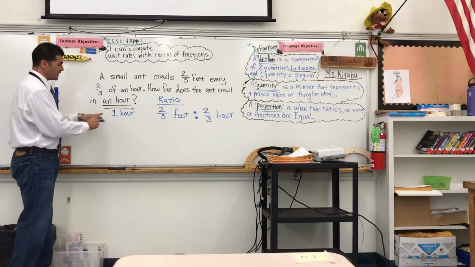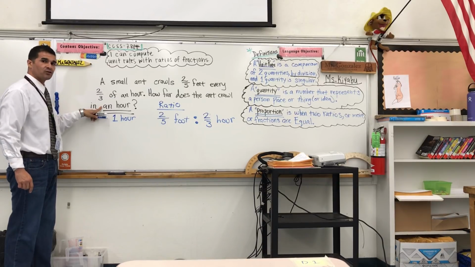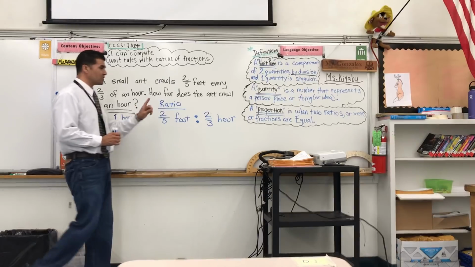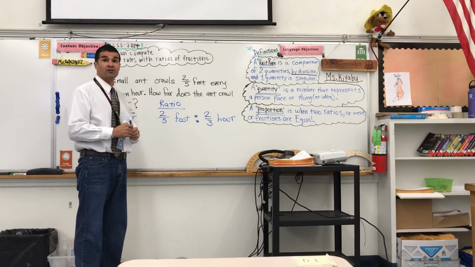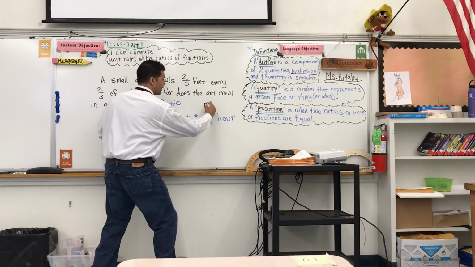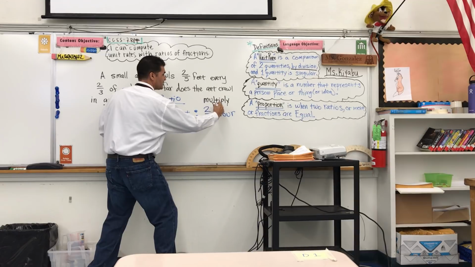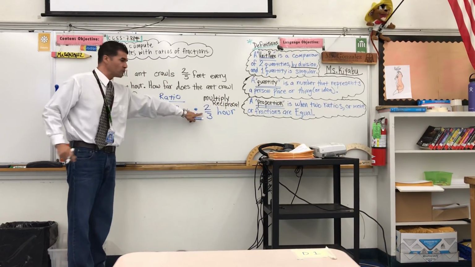This is the quantity that I'm going to use the reciprocal for. If this is what I want to turn into 1, then this 1 hour has to be turned into 1 hour from the 2/3 of an hour. Here's how we learned how to do that. We multiply the reciprocal. The question is do you guys remember what the reciprocal of 2/3 is?